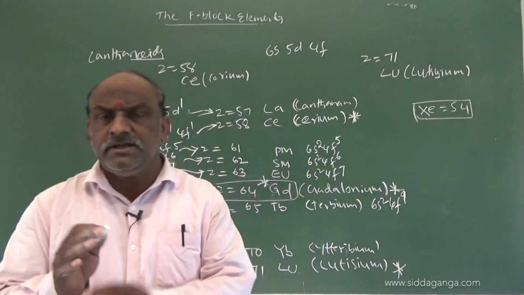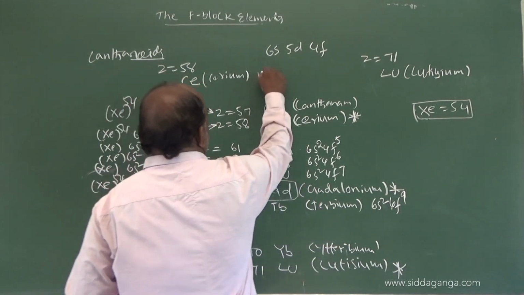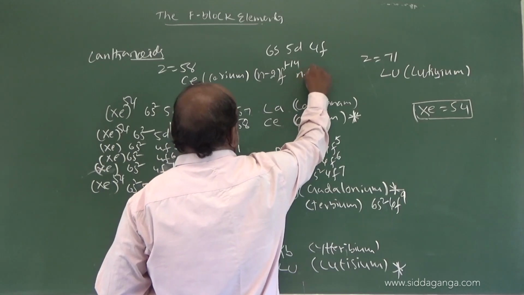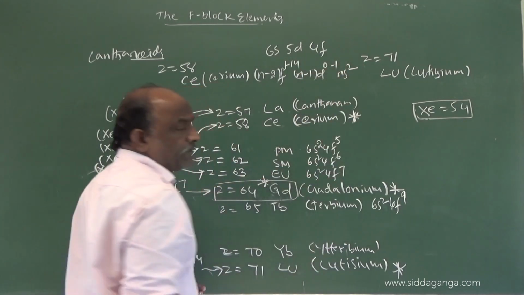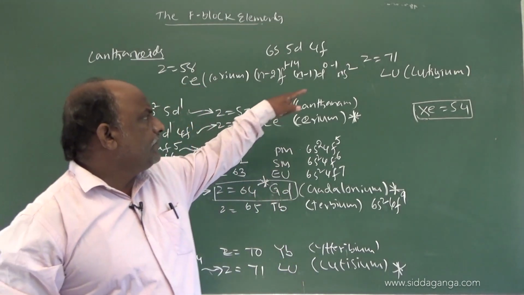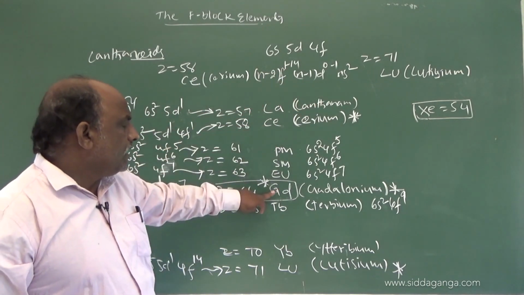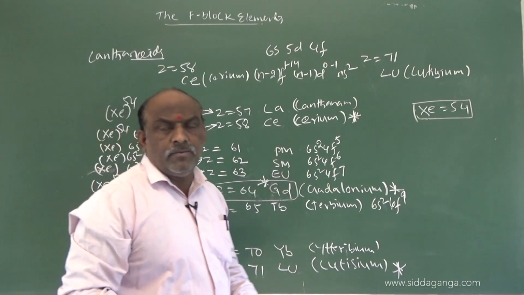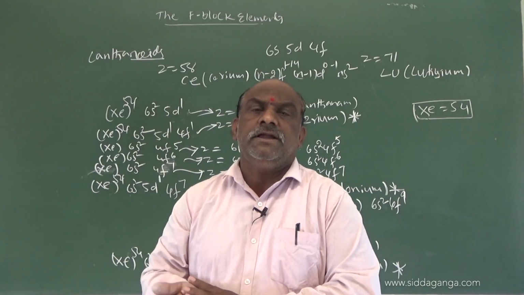So what will be the general electronic configuration of the f block? The general electronic configuration is (n-2)f1 to 14, (n-1)d0 to 1, ns2. Except cerium, gadolinium, lutetium, in all the remaining elements the differentiating electron enters the f orbital.